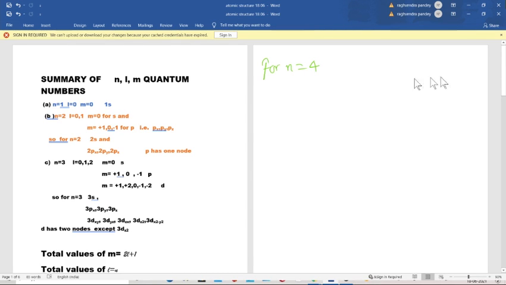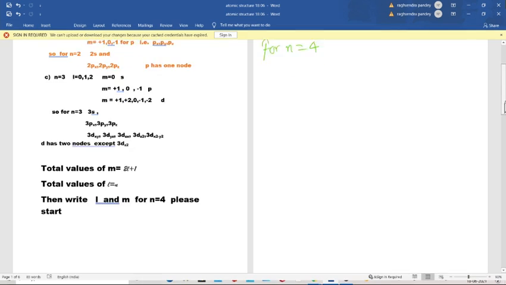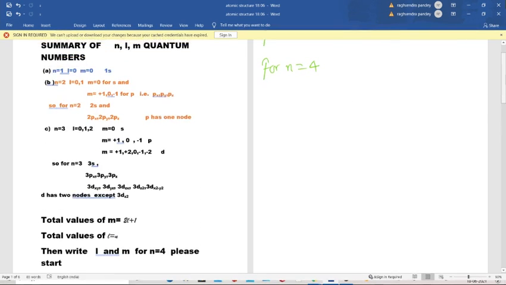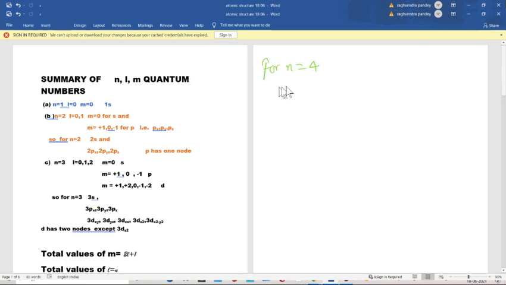The number of L values is equal to n. So we can write: total L values is equal to 4.